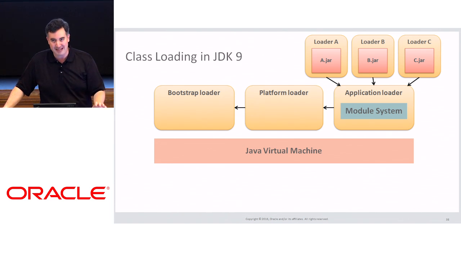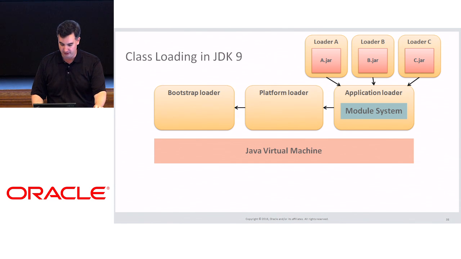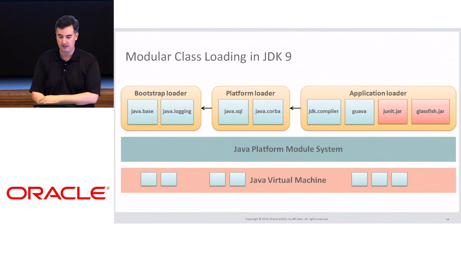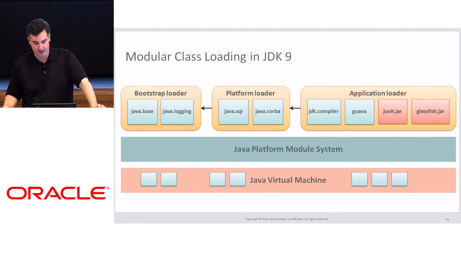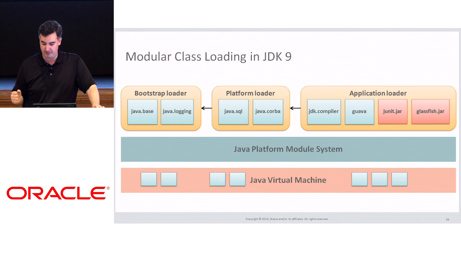A module system that does this will still work on JDK 9 because class loading hasn't changed. But the module system in JDK 9 is quite different. The module system in JDK 9 is not a factory for class loaders, but rather a conduit that allows modules to be communicated to the VM. Whoever creates the class loaders is responsible for using the module system API to transmit module names, contents, dependencies, and exports down to the VM.